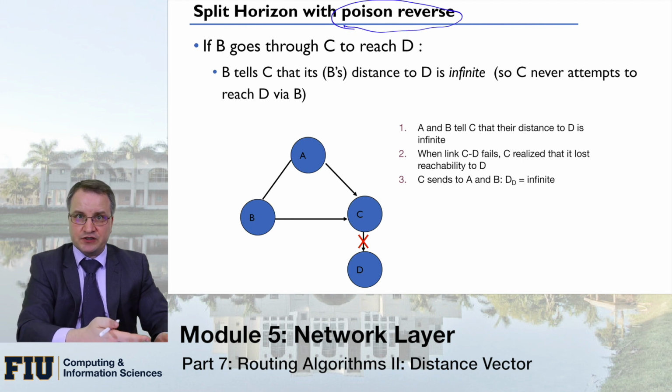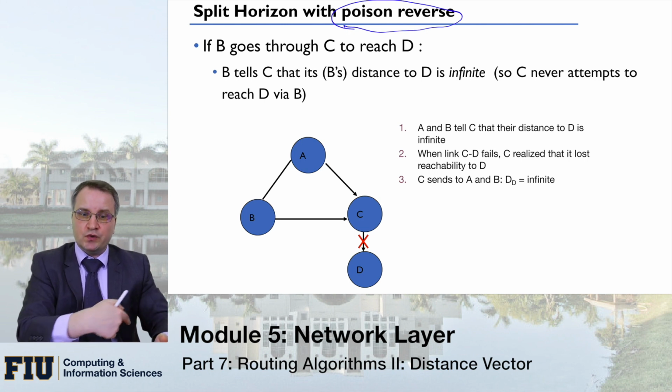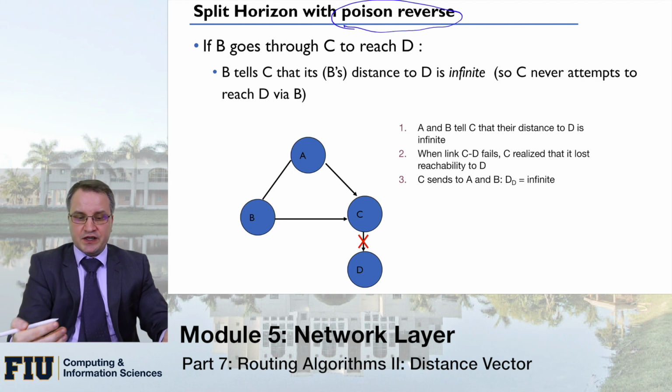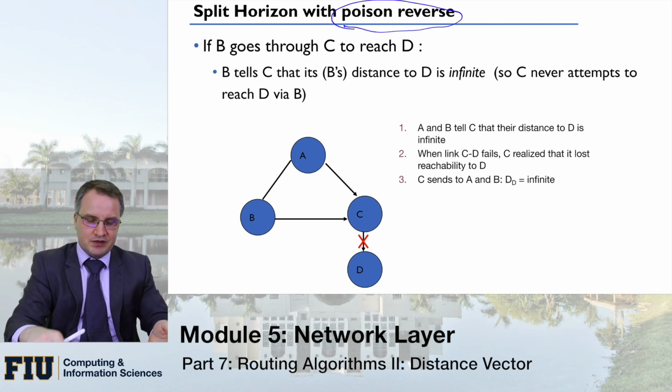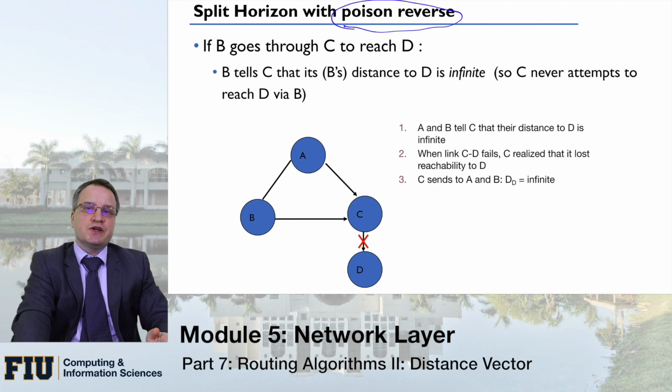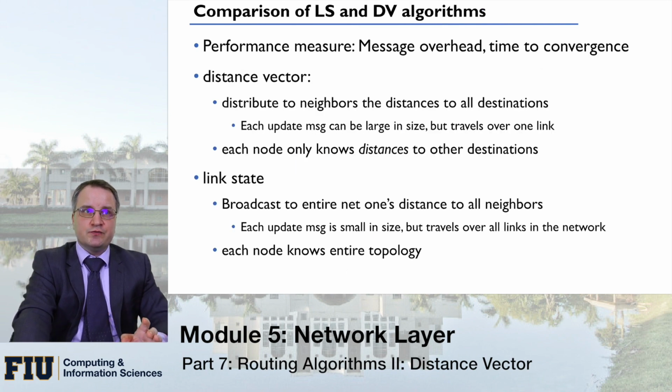If you have an alternative path, please use it. But if you don't, then just stop advertising and also do this so-called poison reverse on the way out. This way it solves the original problem. And if you look a little bit more carefully at these slides with these examples, you will also avoid some of the loops in the system.